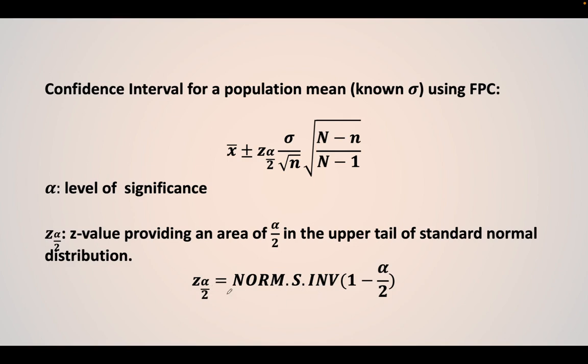Because we have the area on the right side and we look for a Z value, I need an inverse function, the standard normal inverse function. And this function just accepts the area on the left side. But I have alpha divided by 2, which is the area on the right side.